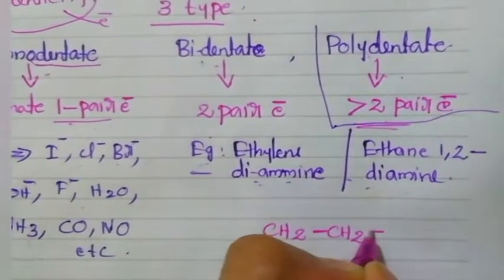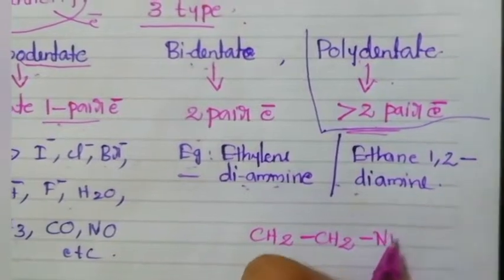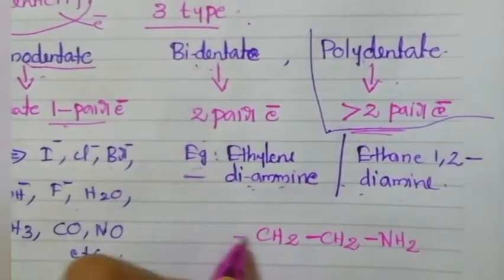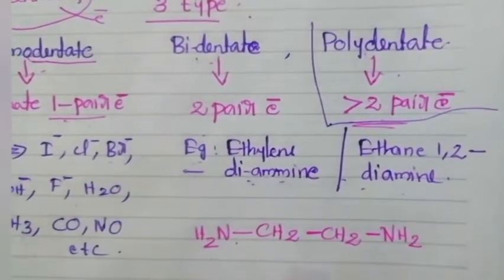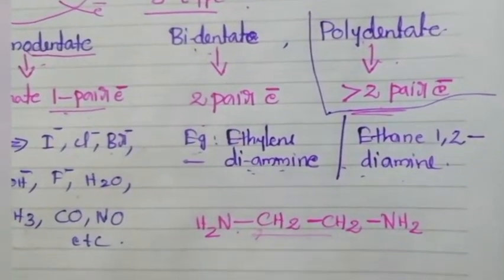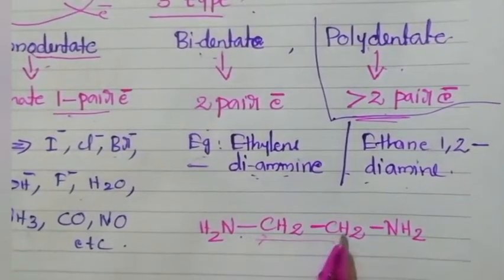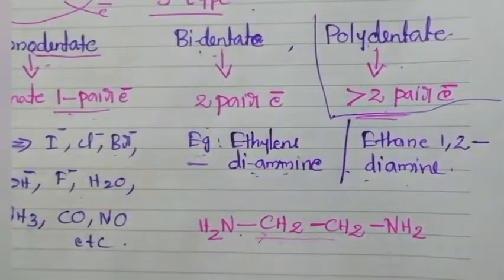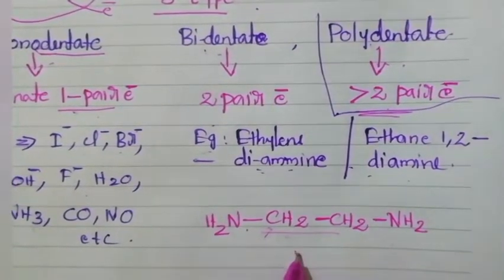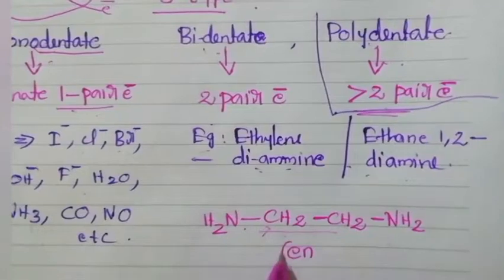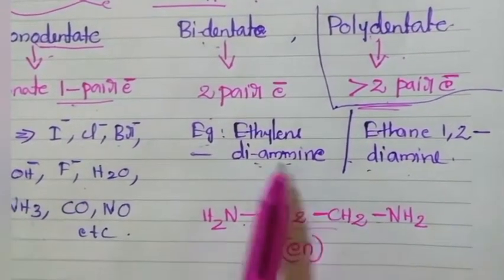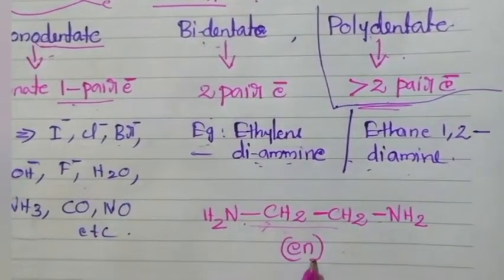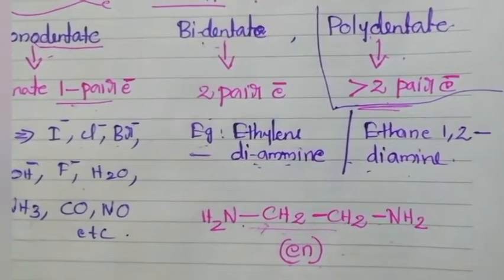We can write this as CH2-NH2, and one more CH2-NH2. So this is a bidentate ligand. The name is too lengthy, so for convenience, in coordination chemistry, ethylene diamine is represented as small letter en.